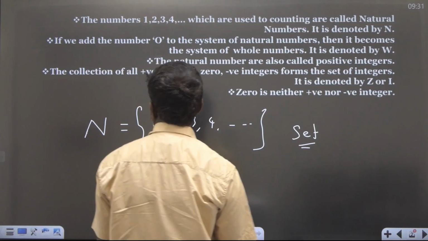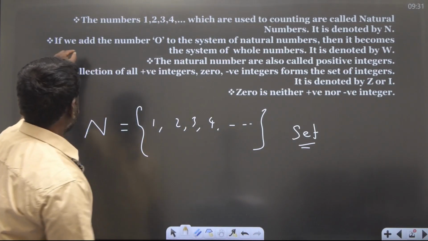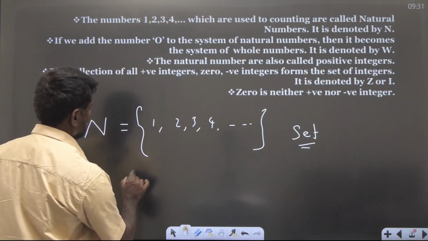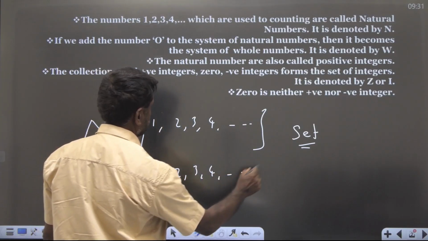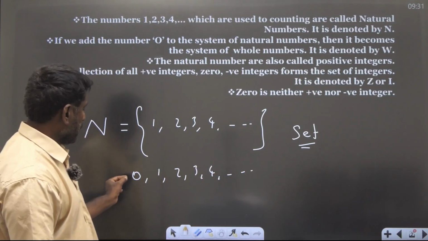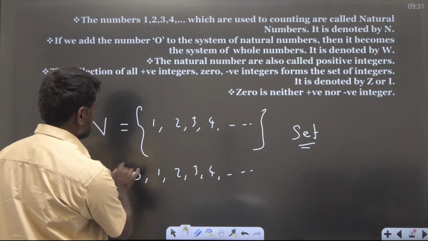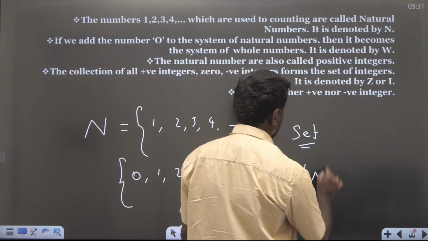What is the next statement? If we add the number 0 to the collection, that means 0, 1, 2, 3, 4, etc. If we add 0 to the collection of natural numbers, then this system is called the whole number system.